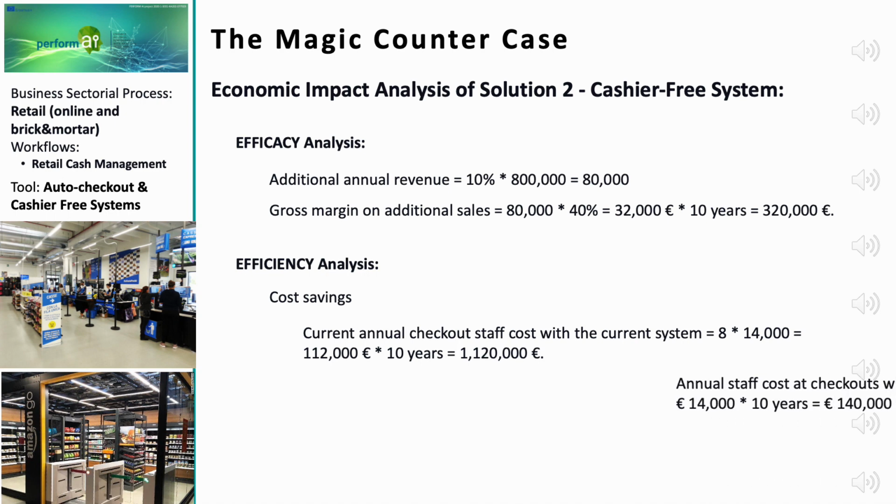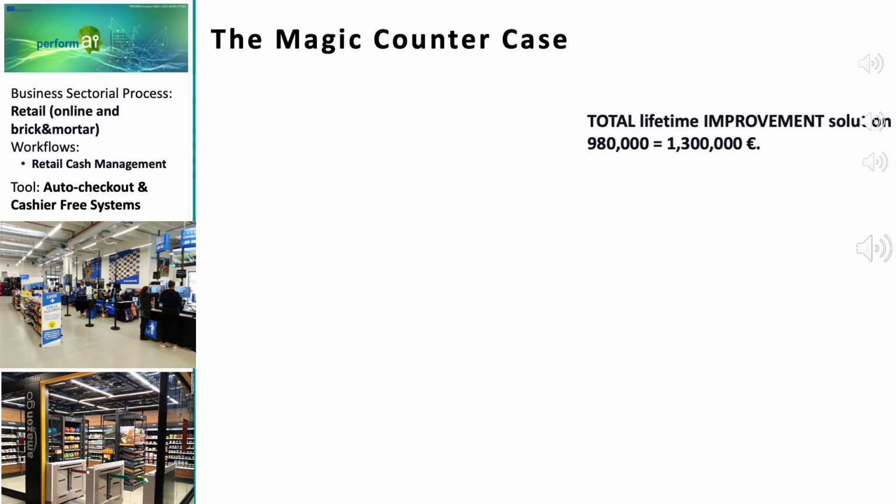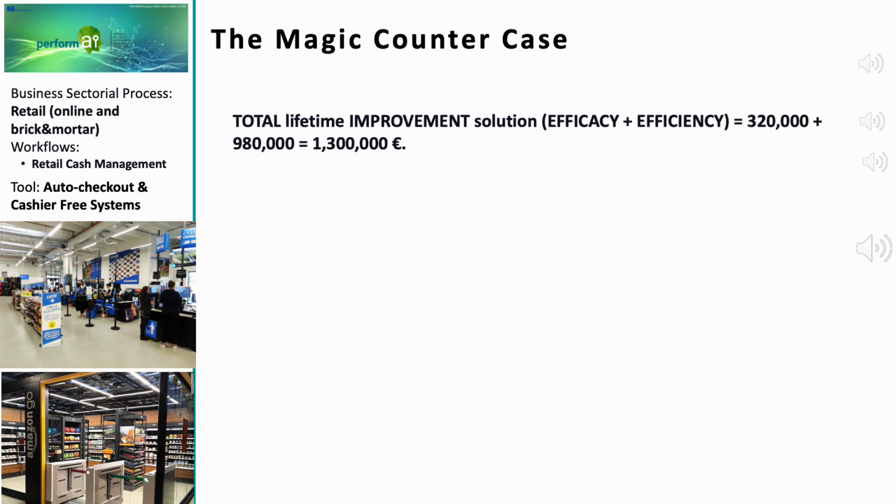Annual staff cost at checkouts with cashier-free system solution equals 1 multiplied per 14,000 equals €14,000 multiplied per 10 years equals €140,000. Savings in personnel costs over 10 years equals €980,000. Total lifetime improvement solution, efficacy plus efficiency, equals 320,000 plus 980,000 is equal to €1,300,000.